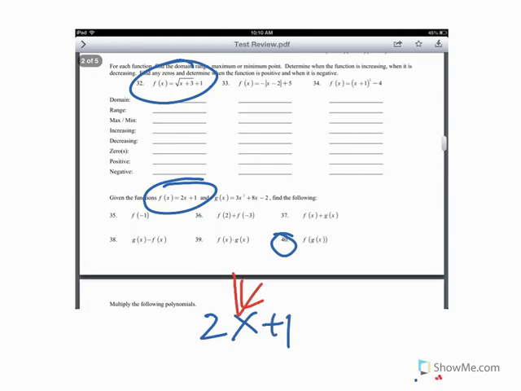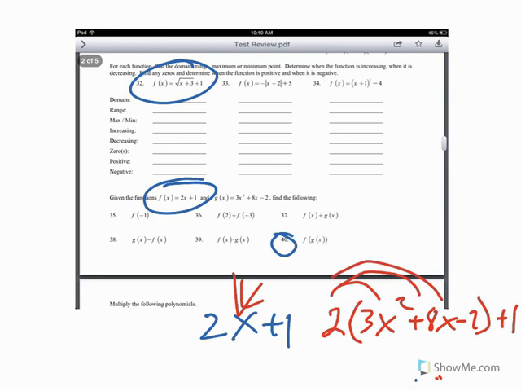I'm going to replace it with whatever g of x is equal to. So in this case, I will take 2 parentheses g of x, 3x squared plus 8x minus 2 plus 1, and then just simplify that. Multiply the 2 across, combine like terms, so on and so forth. Make sure you know how to do this.